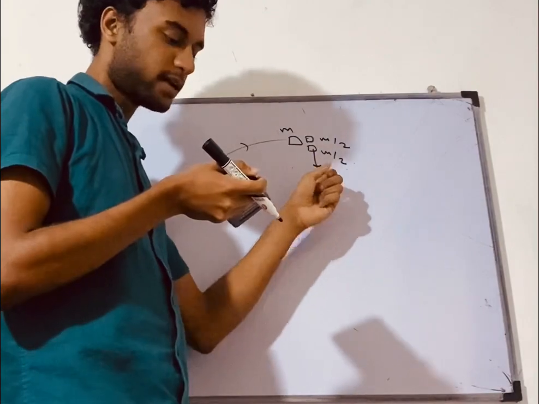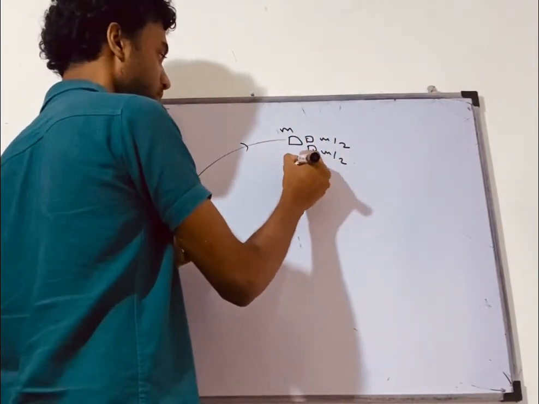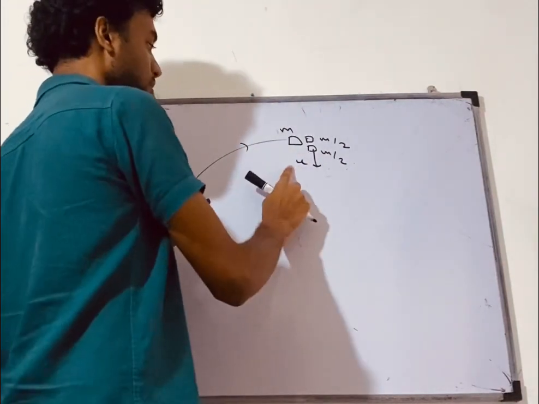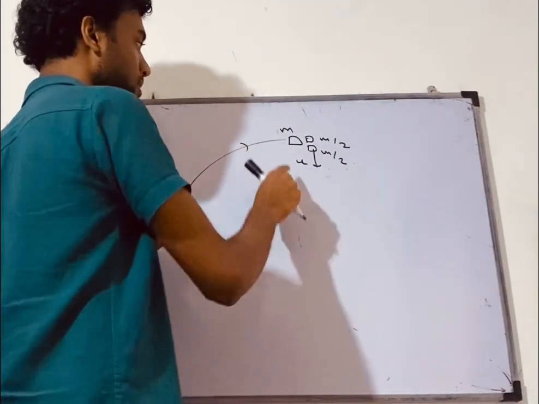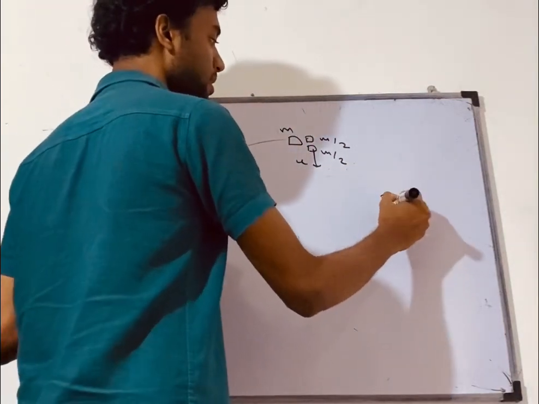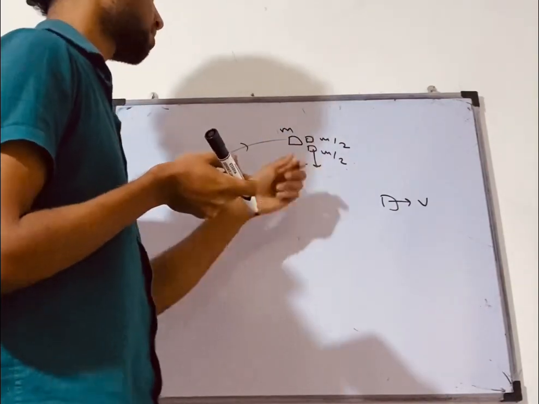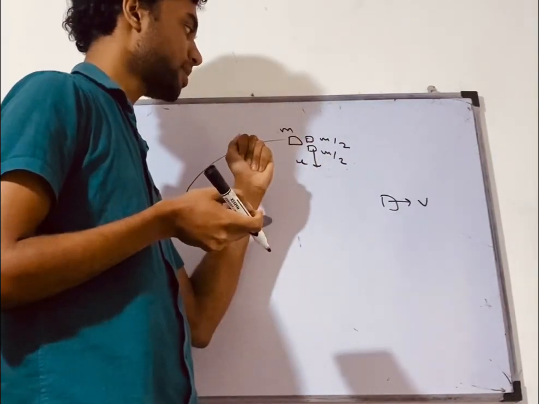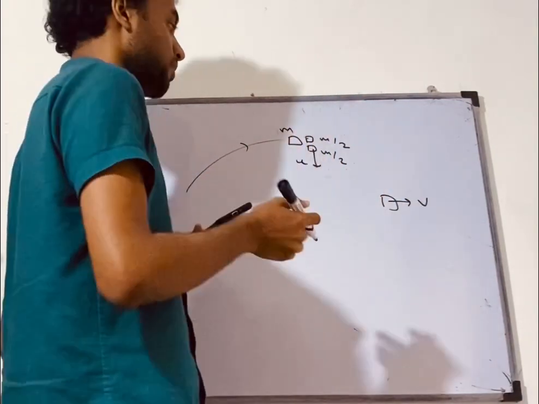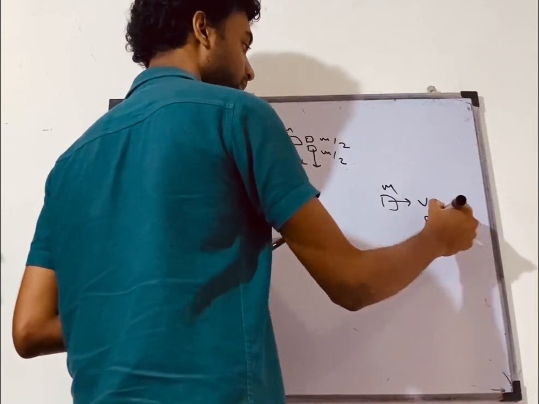They have mentioned that this mass m over 2 goes down with the velocity of u. Now before the explosion, the mass m has a velocity v like this at the maximum height. The total mass m has a velocity of v before explosion. And then the momentum of that mass is going to be mv in its direction.